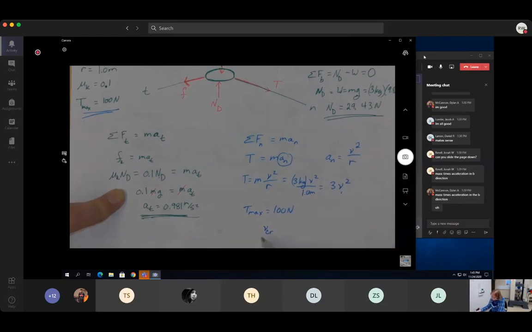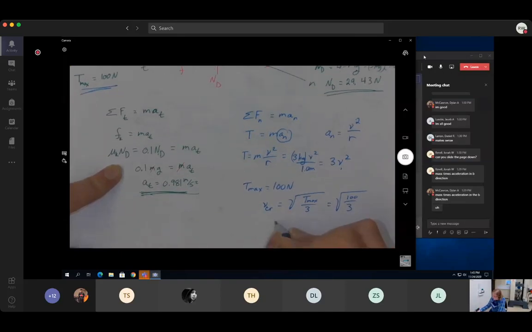If we solve for that, we'd need to take our tension divided by 3 and then take a square root. So we're going to do square root of T max over 3. And so our critical velocity will be 5.77 meters per second.